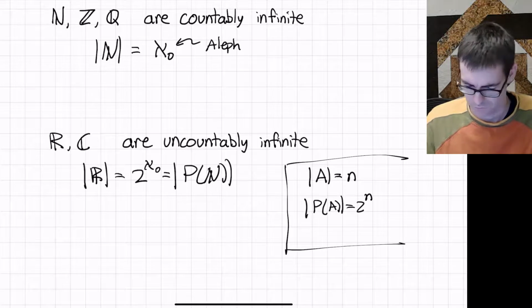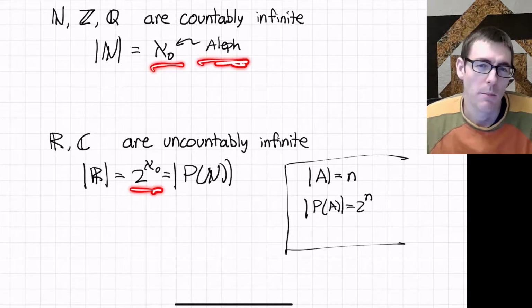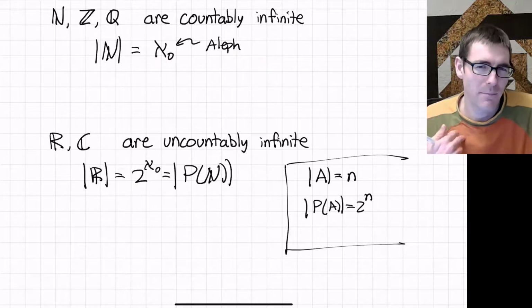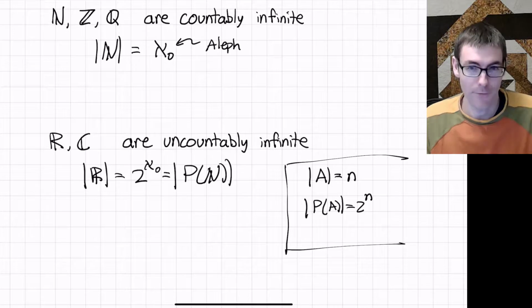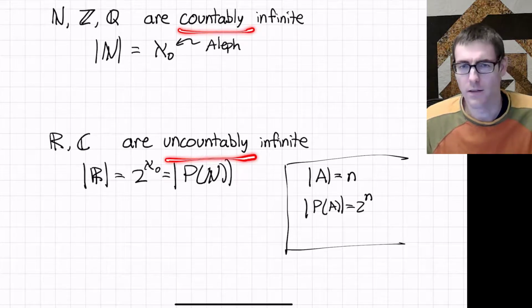I wanted to mention this notation with these alephs because I think it's interesting. But for the most part, if anybody's making a distinction between these different cardinalities, all they really care about is countable versus uncountable.